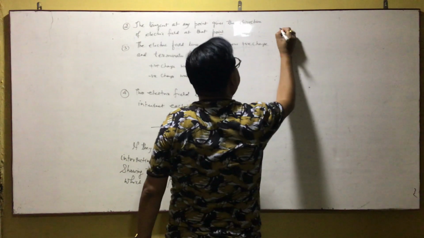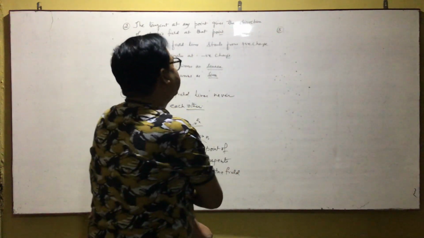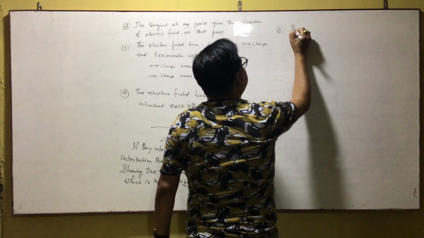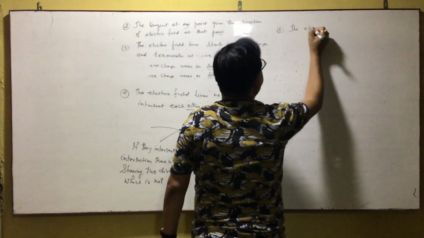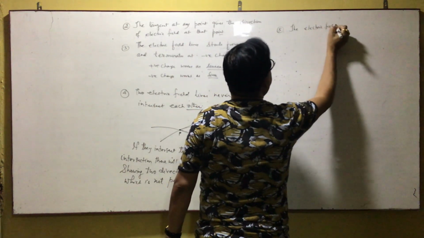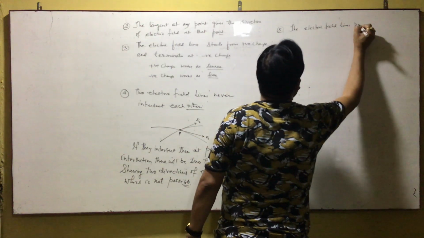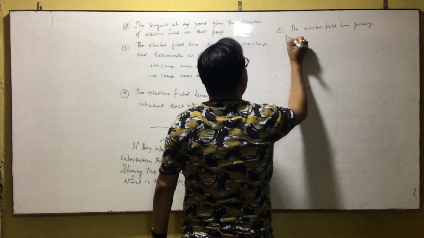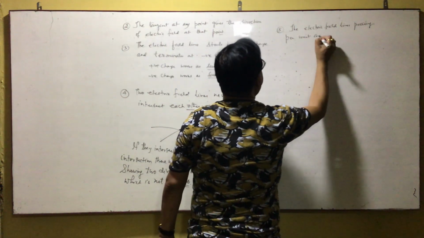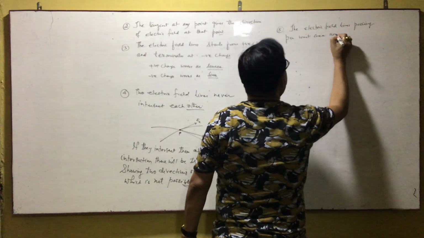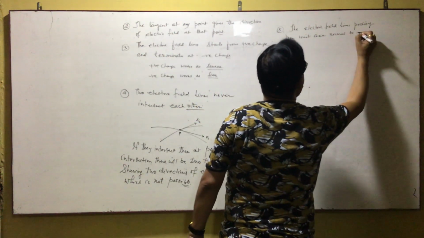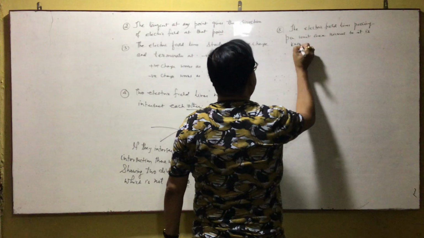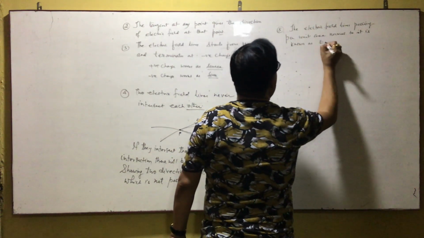And the next property is the electric field lines passing per unit area normal to it is known as electric field.